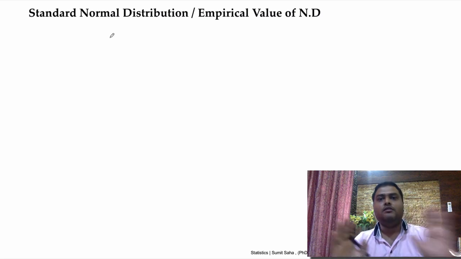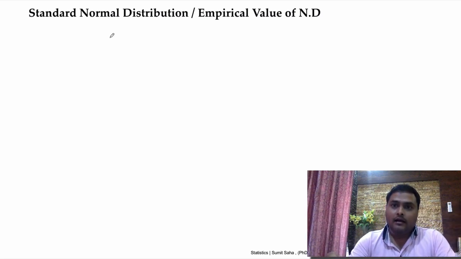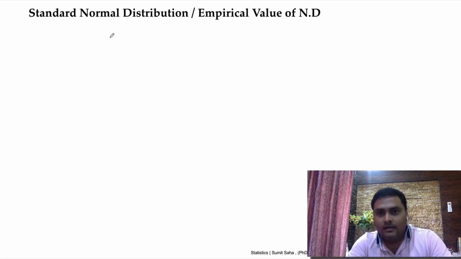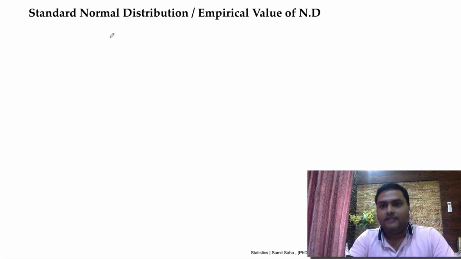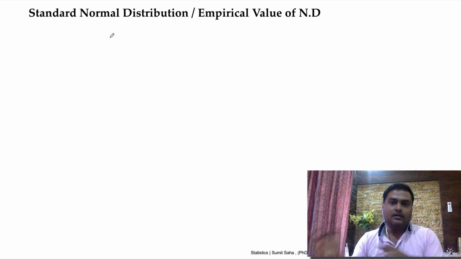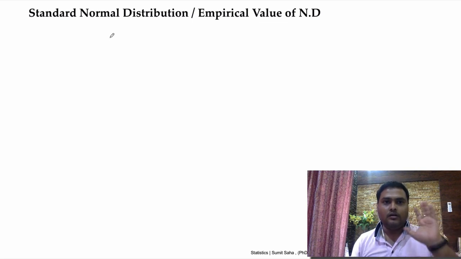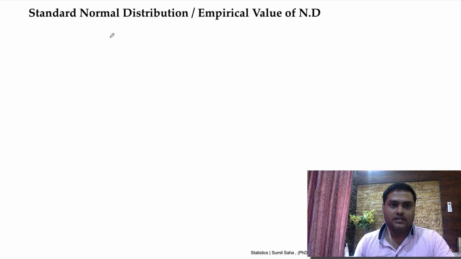The mean value of the normally distributed curve will be 0, and for how far the data point is, I will measure how far they are situated in terms of the standard deviation. That means here we will be considering the standard deviation as a unit. I will explain again in the upcoming lectures, but you remember this much, so that I can explain the empirical value of the normal distribution here.